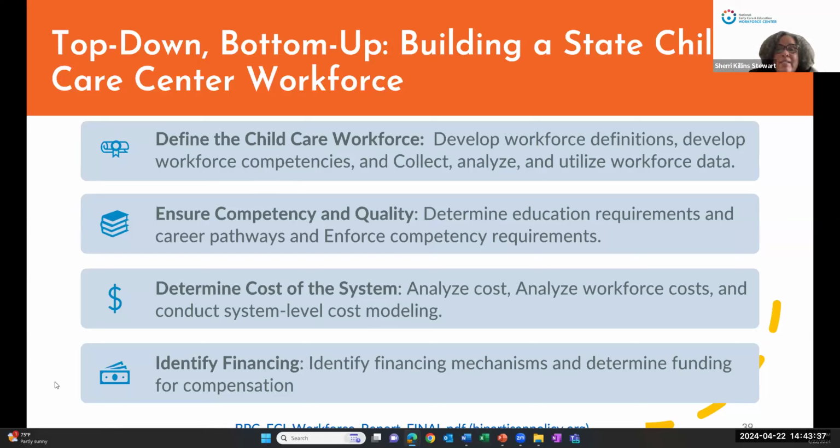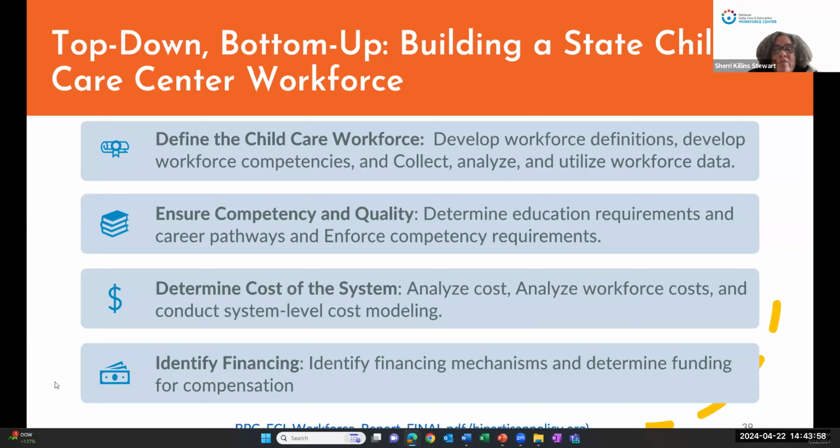And all of that does need to be tied to compensation and cost modeling to ensure that as individuals get more skills, knowledge, and ability, or that they have it, as BB was talking, we're increasing their compensation to match the education and commitment that they offer to the field.